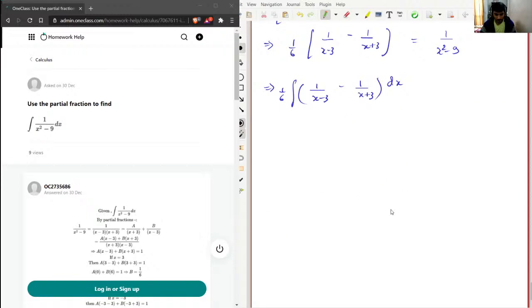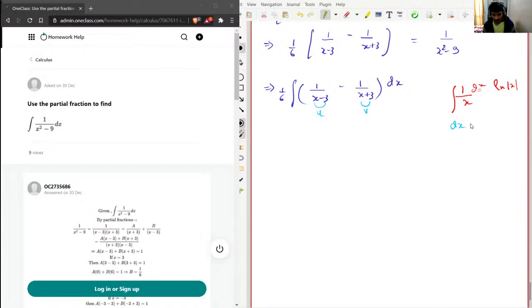Now I'll do the integration. So I'll use this rule, integral of 1 over x dx is ln of x. Here you can see that it is not 1 over x, it is 1 over x minus 3, but just to keep it short, let's say that u is x minus 3 and v is x plus 3.